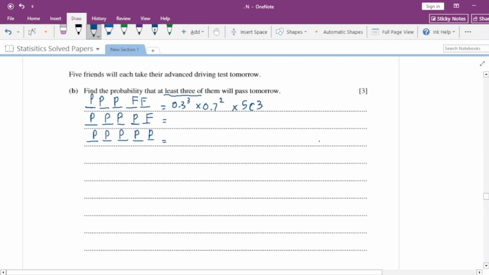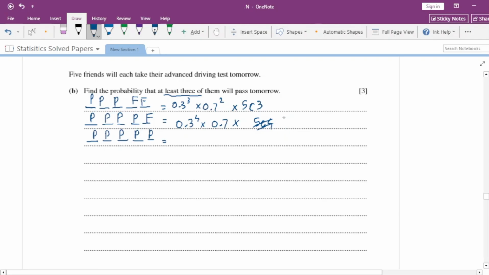Next, similarly for the next case, we have 4 passing, so 0.3 raised to power 4 into 0.7. Only one person is failing. That would be 5 choose 4. So we're choosing from these 5 people, in no particular order, 4 people that will pass. Of course, you could also not do 5 choose 4 and just do 5 choose 1. That's the same number.